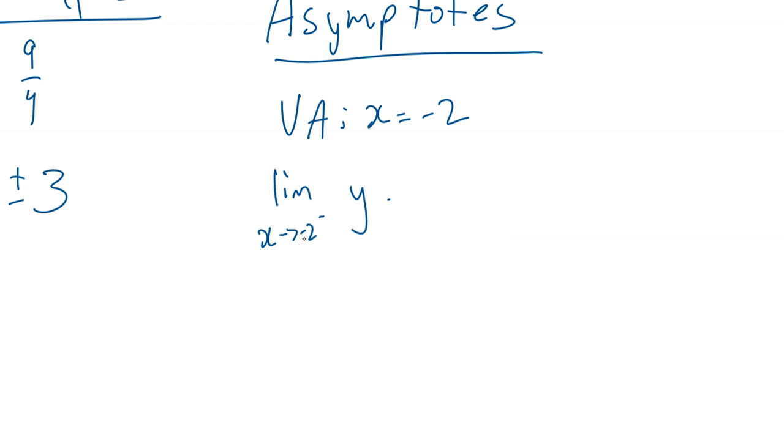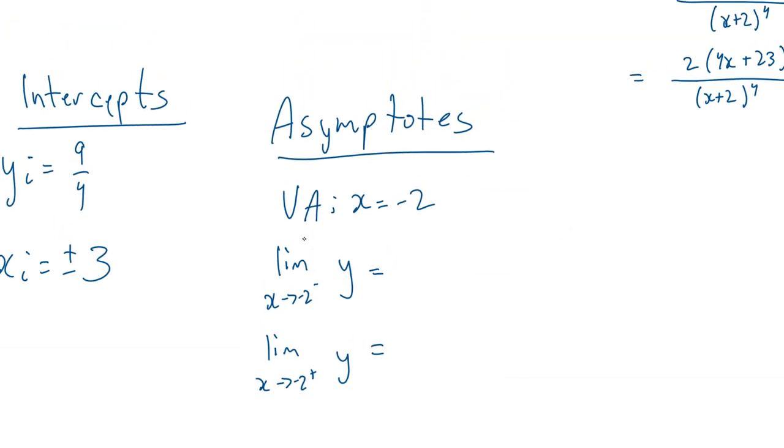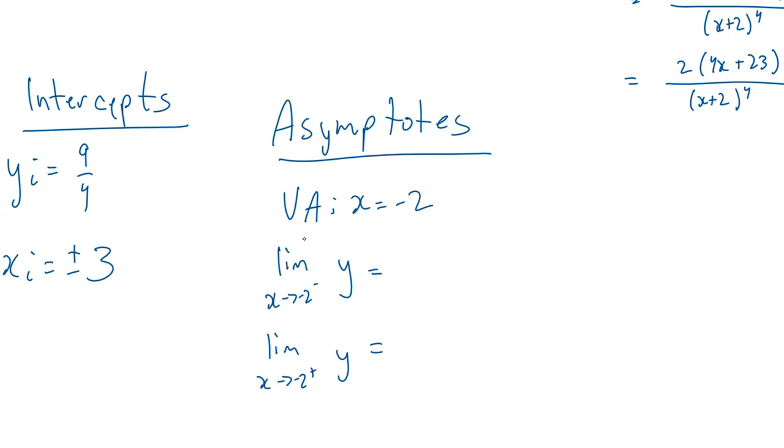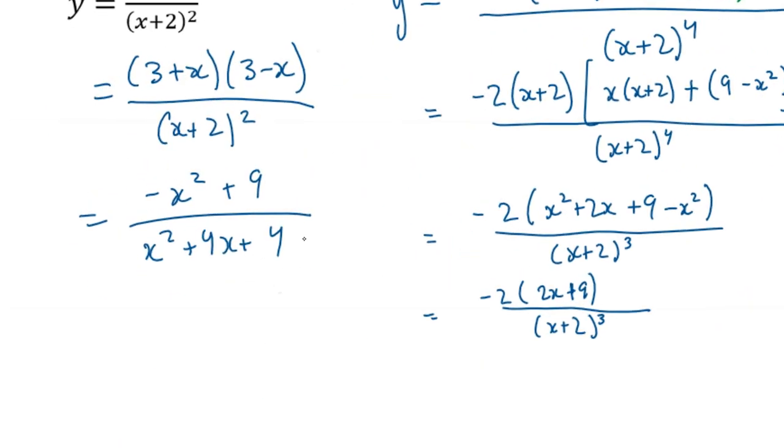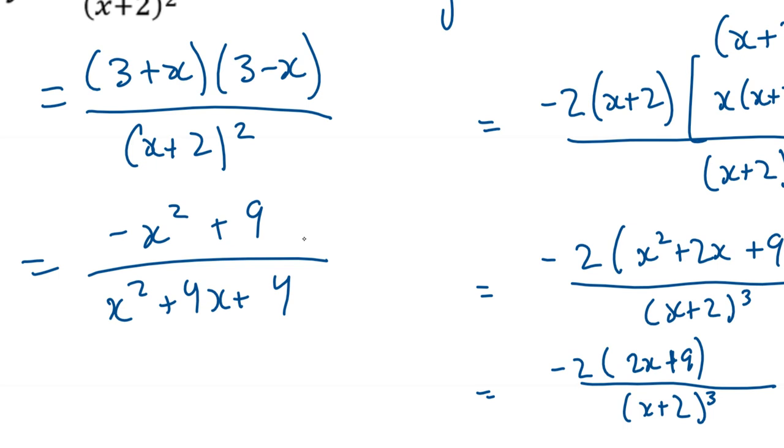Limit as x approaches -2 from the right of y. So putting numbers just to the left of -2 and just to the right of -2.